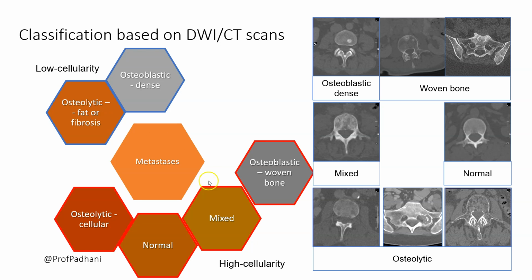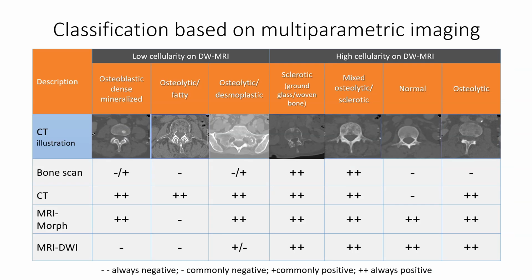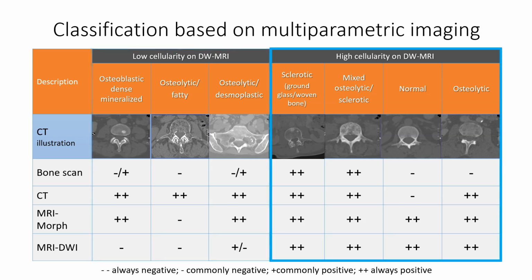And on the other side, you have the more highly cellular metastases, which can be osteolytic, which can be normal, which can be of woven bone type or have a mixed pattern. So it's possible to classify metastatic deposits depending on their MRI appearances into low cellularity and high cellularity metastases.